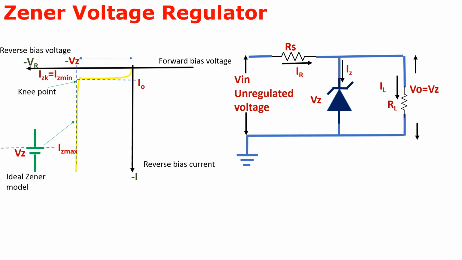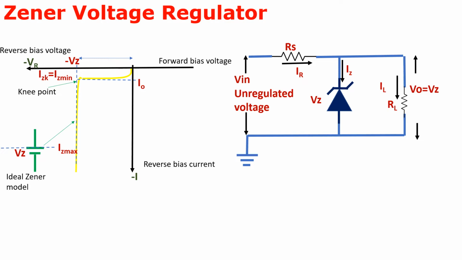To maintain a constant voltage, if you consider the circuit here, the Zener current will change from a minimum current Iz min to Iz max. In this current range, the voltage across the Zener diode will be maintained at the same voltage, Vz.